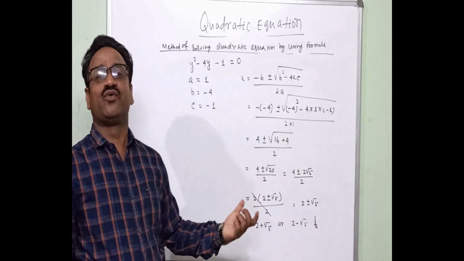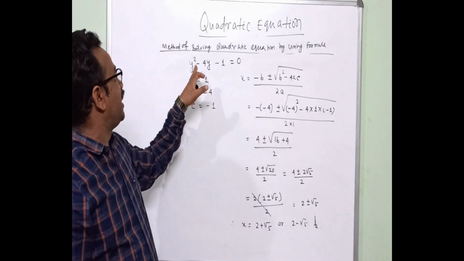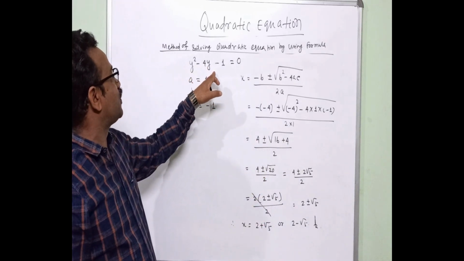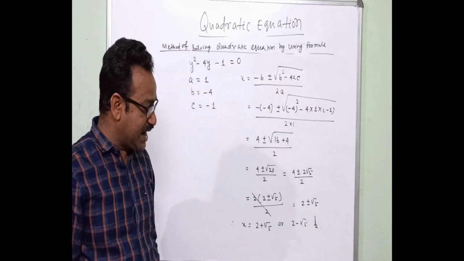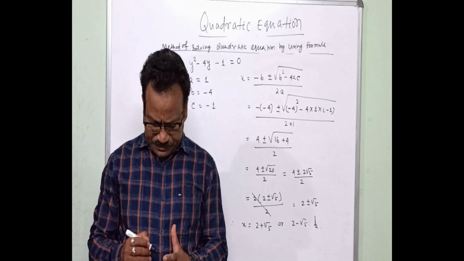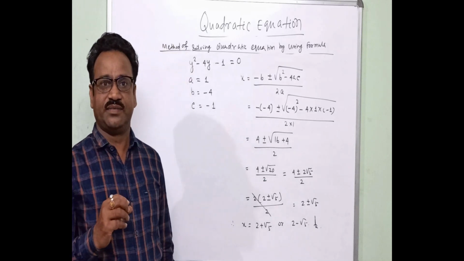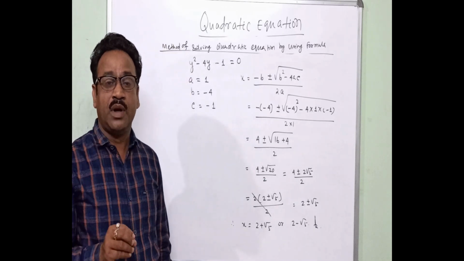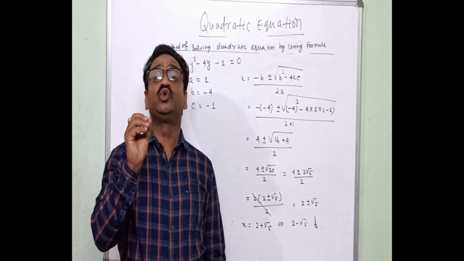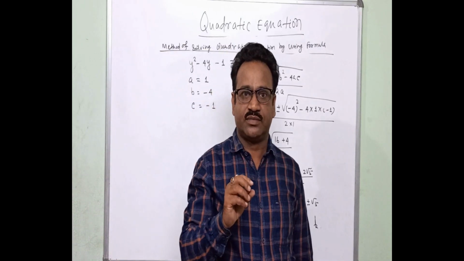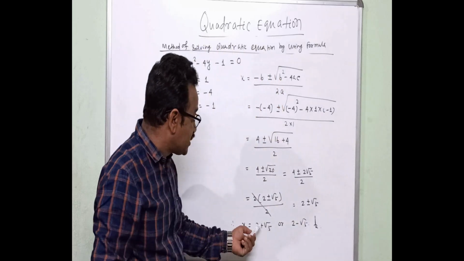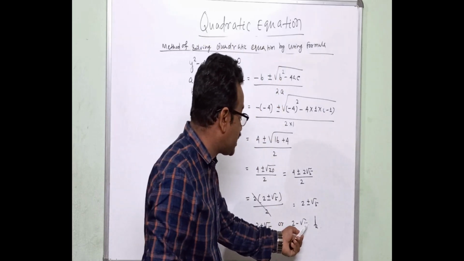These two are the roots of the given quadratic equation y square minus 4y minus 1 is equal to 0. But generally we have seen that in ICSE, the question comes, find the answer up to 2 decimal places. That means this is 2 plus root 5 or 2 minus root 5.